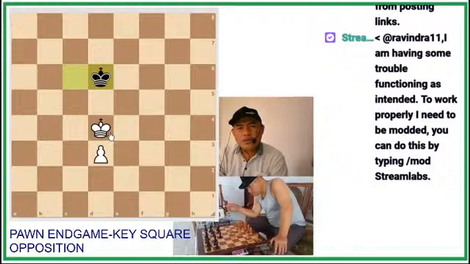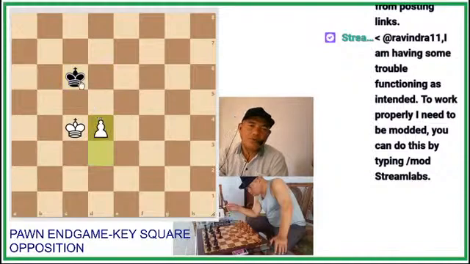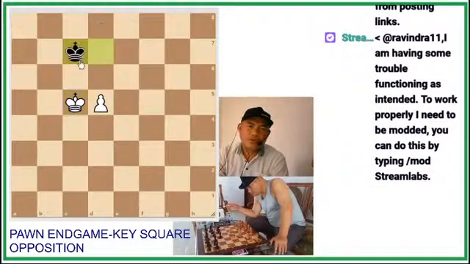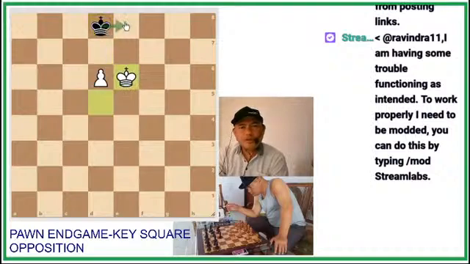At last, white is forced to move his pawn. Then this is a draw. For example, it goes like this, and maybe here. Then if he goes here, black goes here.